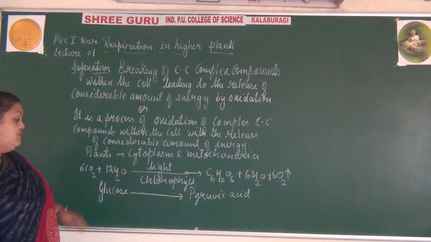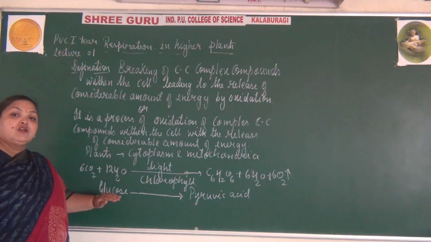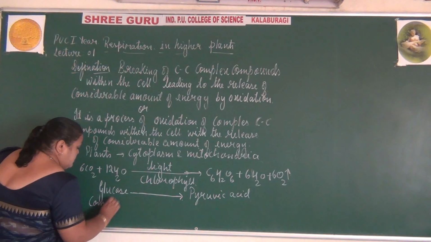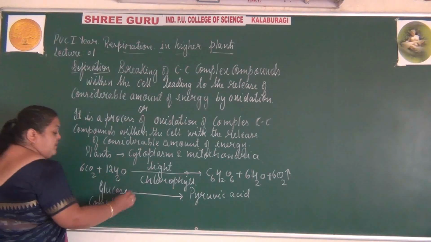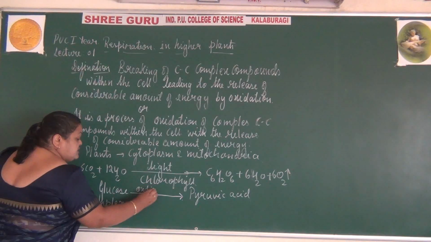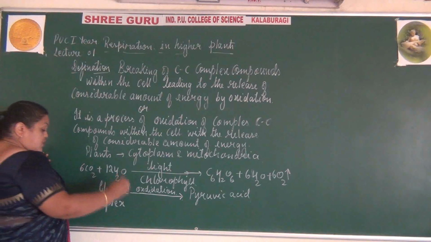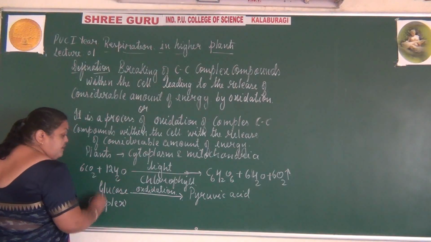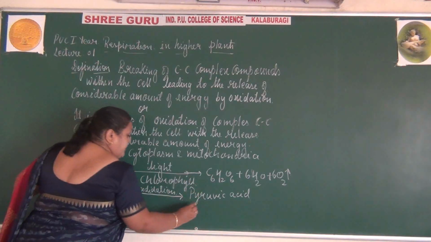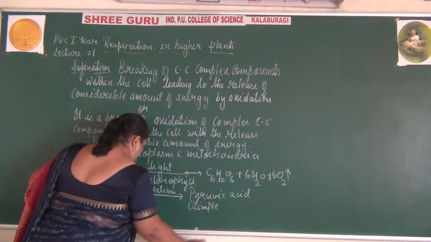Here the glucose is a complex molecule, and with the help of oxygen it undergoes oxidation to form pyruvic acid, which is a simple molecule.